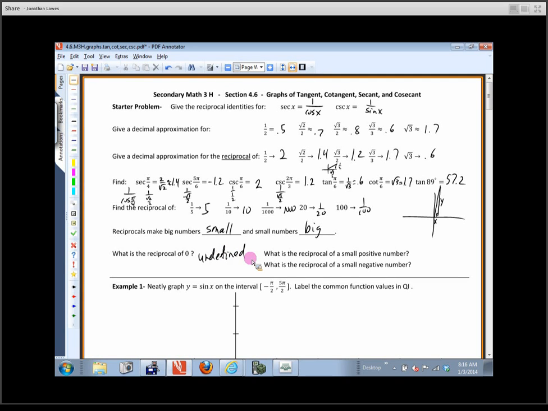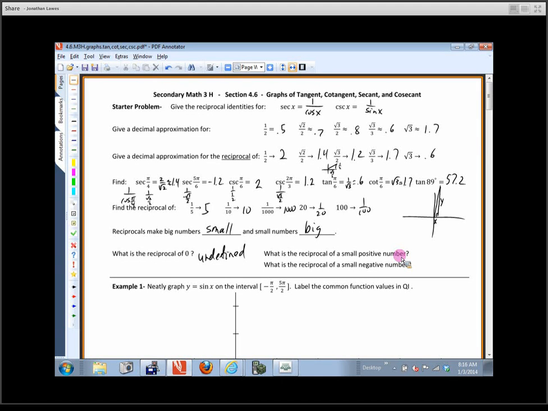So what is the reciprocal of a small positive number? Now think about this before you answer, because I typically get part of the right answer, but not the whole right answer. If you take the reciprocal of a positive, what type of number do you get? Positive or negative? Still positive, right?